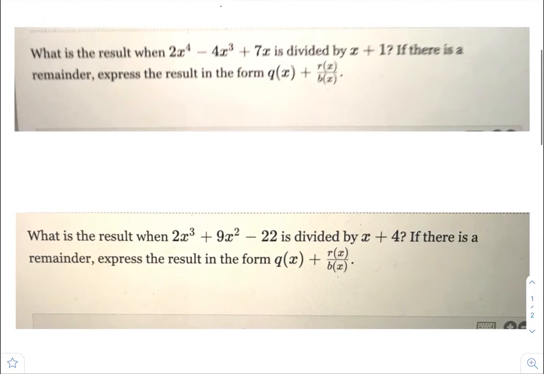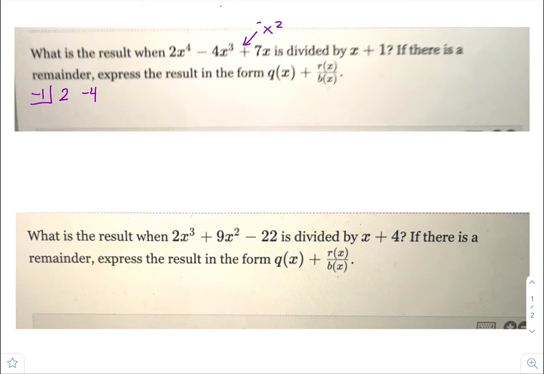Okay, let's look at this next one. Now we have that first polynomial divided by x plus 1. So the opposite of 1 is negative 1. Now 2, negative 4. Now notice, we are missing x to the second. Do you see that? We do not have x to the second degree.